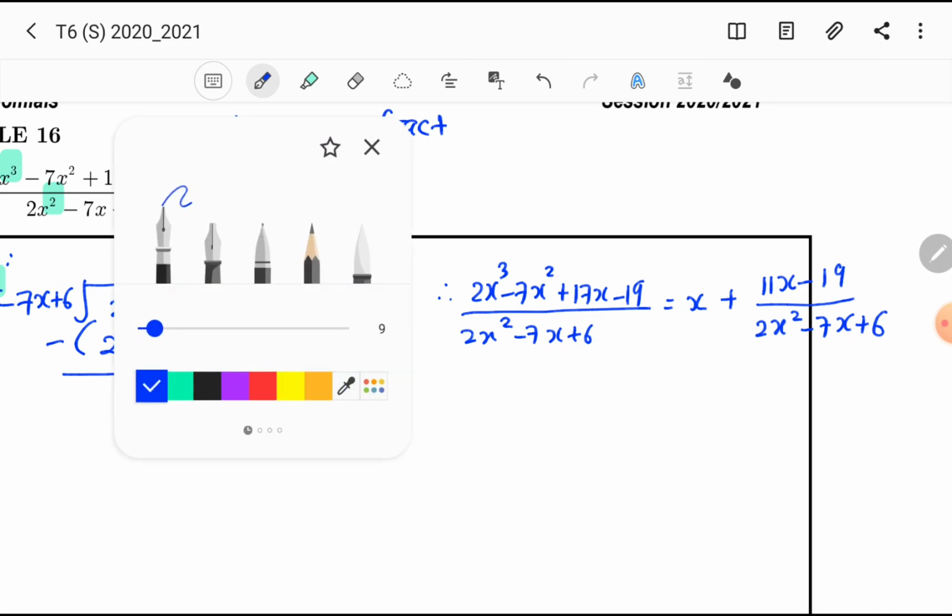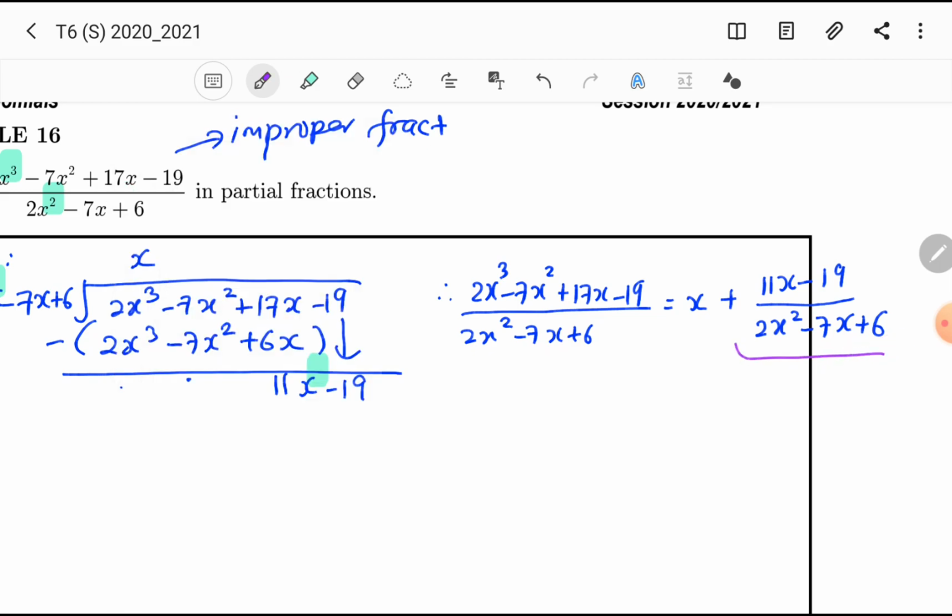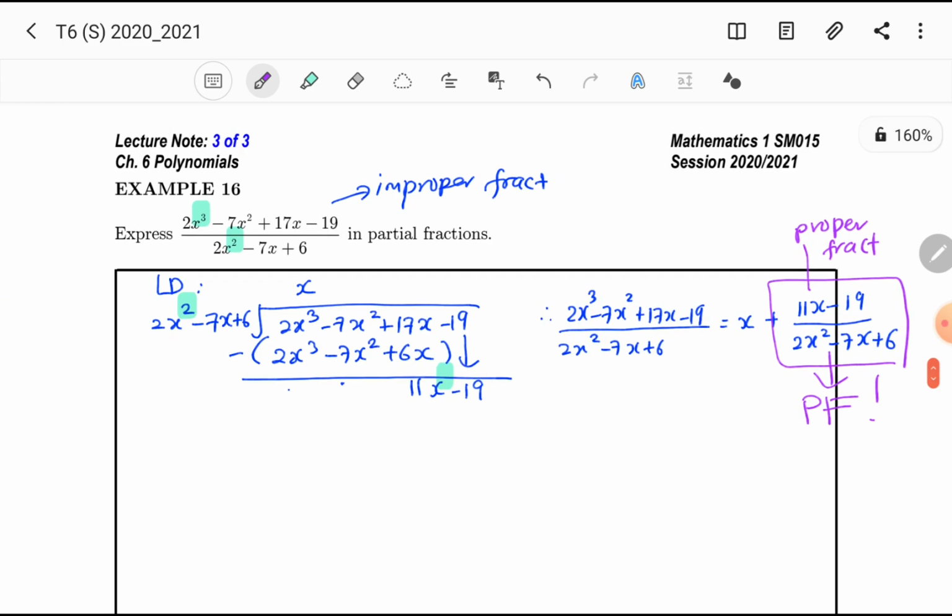Okay, yang sinilah remainder part ni lah proper fraction. So, inilah yang kita akan buat partial fraction. Okay, so saya tarik for partial fraction.